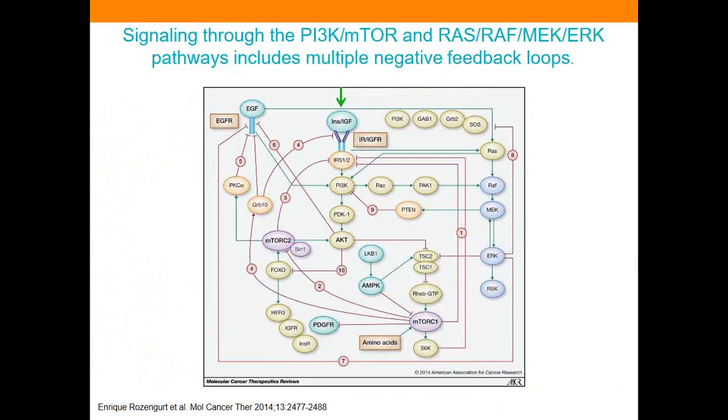When you basically inhibit that, you lose the inhibition of IRS. So in a sense, it's a double negative, like in grammar: you inhibit an inhibitor and you wind up actually getting activation. We then are moving from 3 to 4.